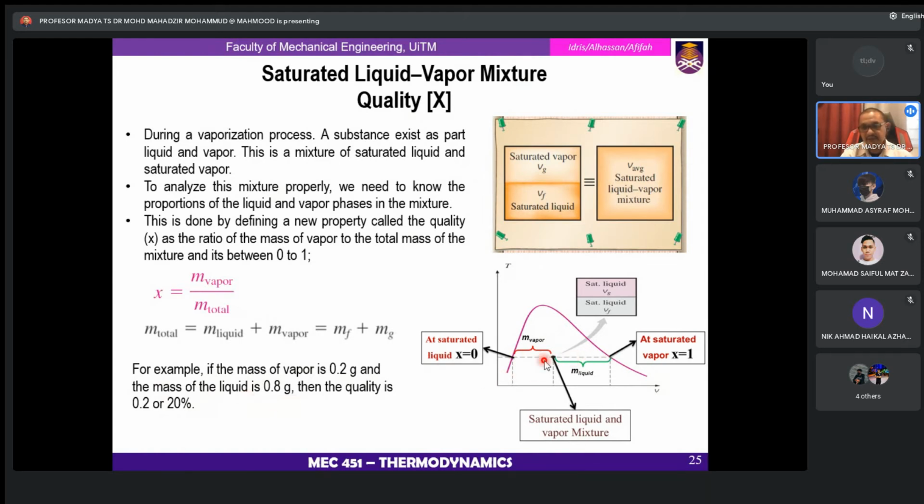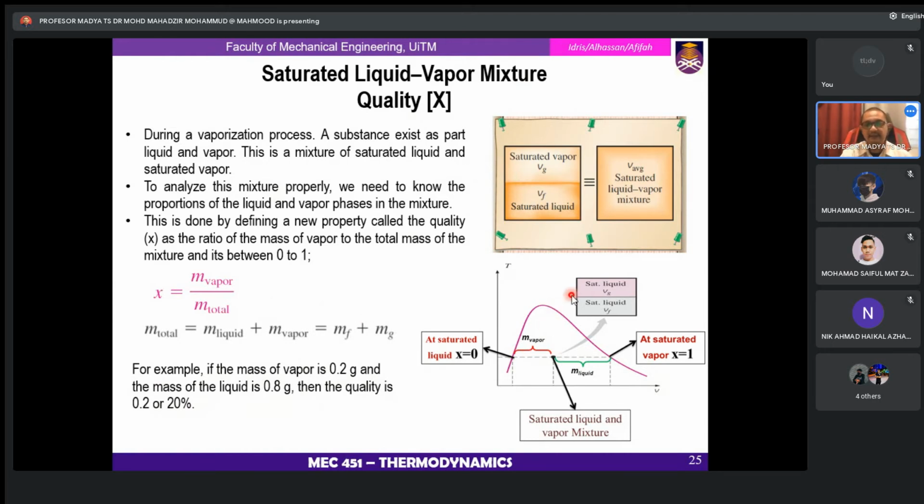That means the total mass is balanced. Then the quality is 20%, because we take 0.2 over 1, which is 100%. So X is 20%.